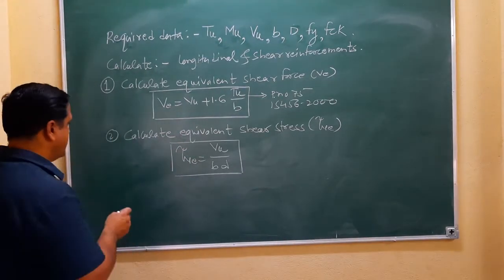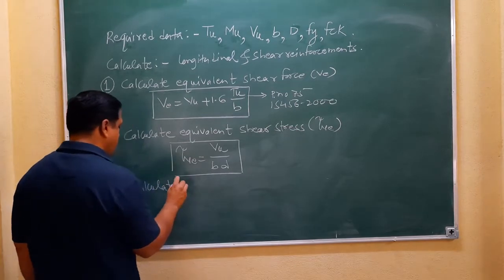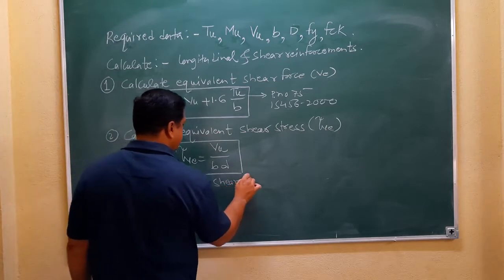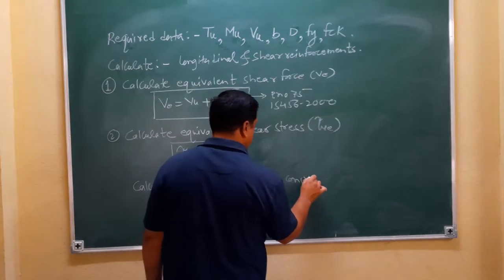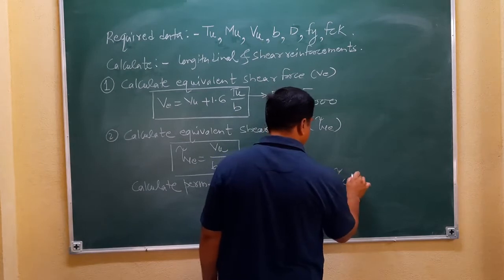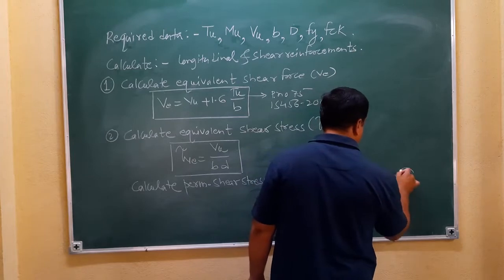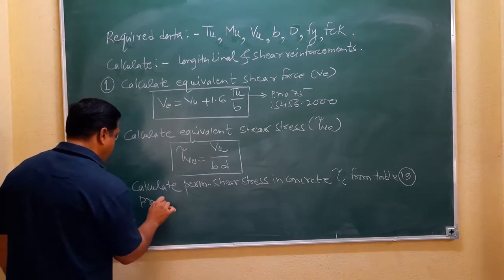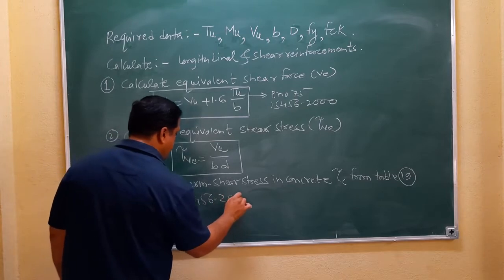Next, calculate the permissible shear stress in concrete, tau c, from table 19, page number 73 of IS 456/2000.